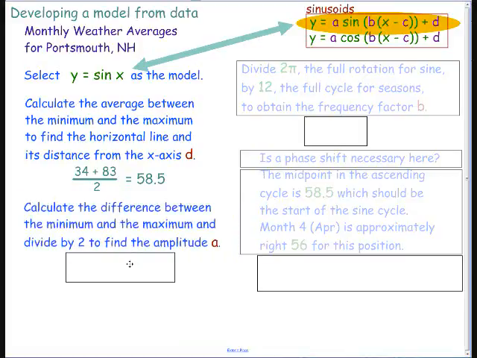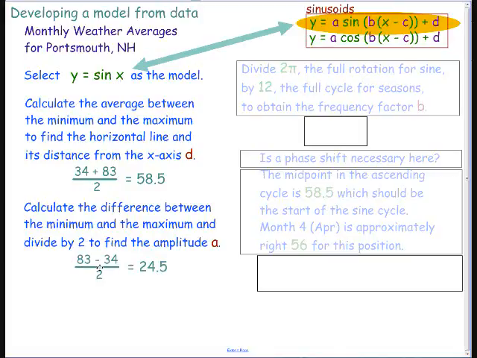Calculate the difference between the minimum and the maximum, and then divide by 2 to find the amplitude. Makes sense, doesn't it? For the first one, we wanted to find the midpoint. For this one, we want to find the distance from the midpoint to the peak. From the valley to the peak gives us a distance twice as long as what we are interested in.